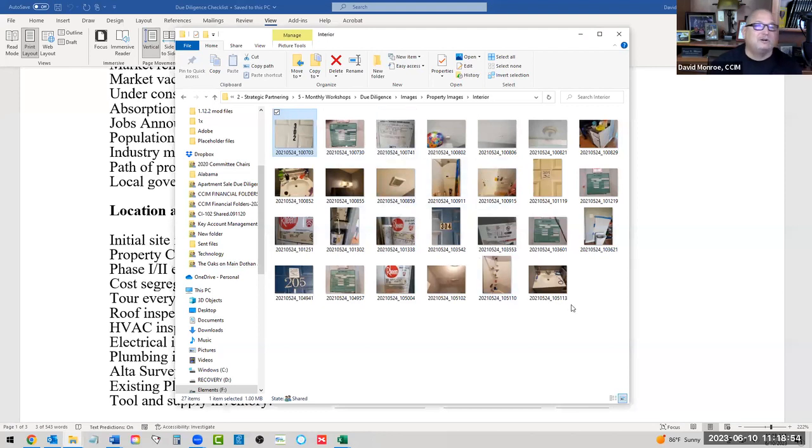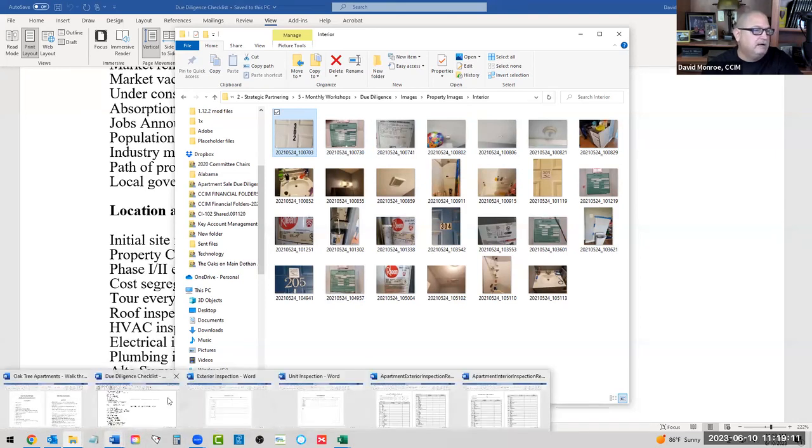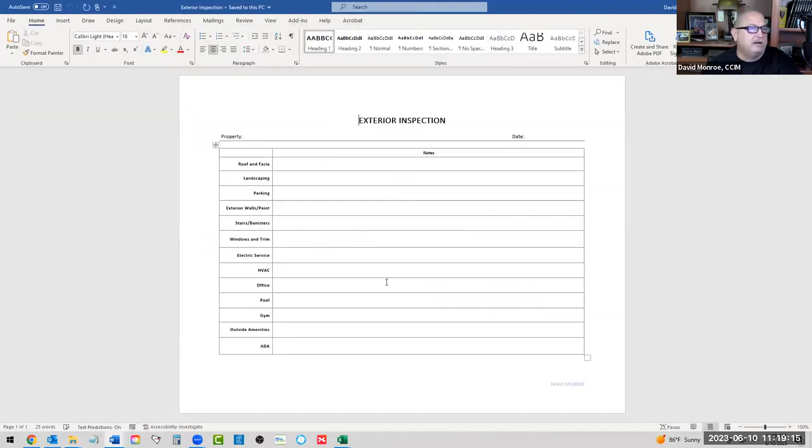So those are the types of pictures you take when you're doing your due diligence. It allows you to document the whole process. So utilizing your checklist, utilizing these images, you've got a couple of different forms you can use. We had this exterior inspection form.